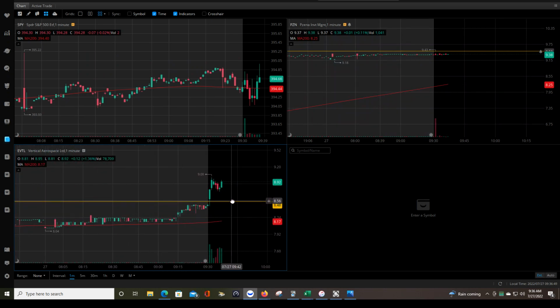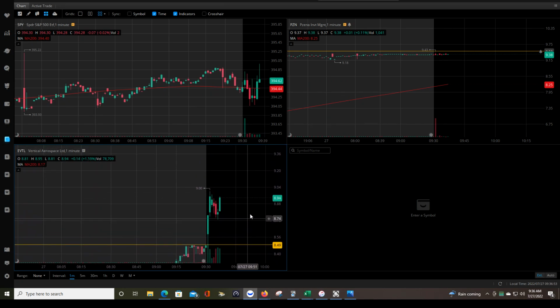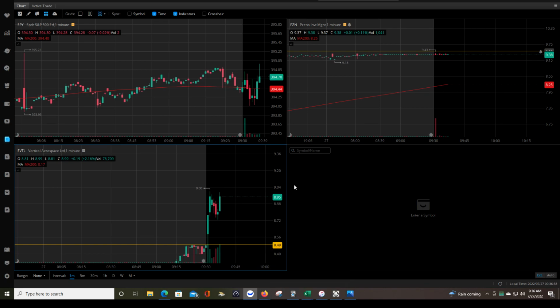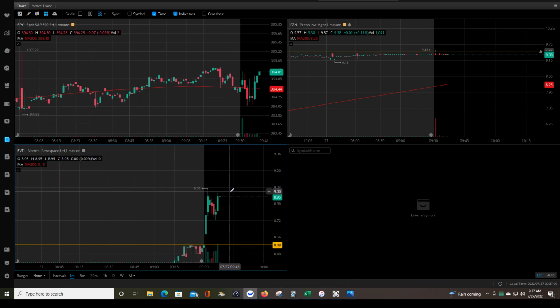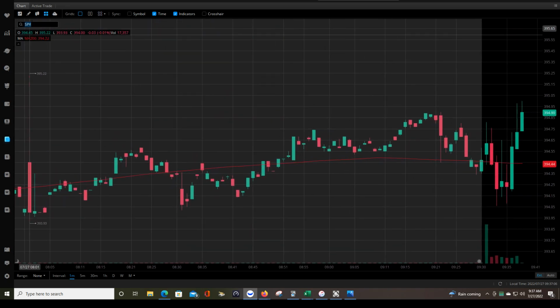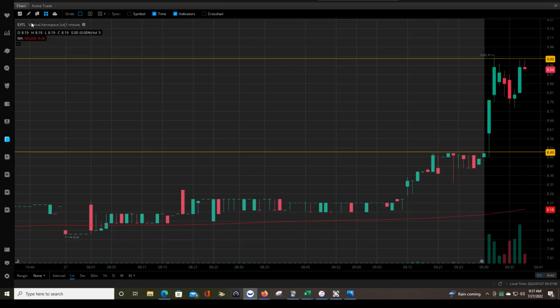Actually, the high is here. So this is the first level of resistance that needed to be broken. It's been broken. This is the second level. And it's about, so we have to focus on EVTL. That's the one that we are going to take our trades with.